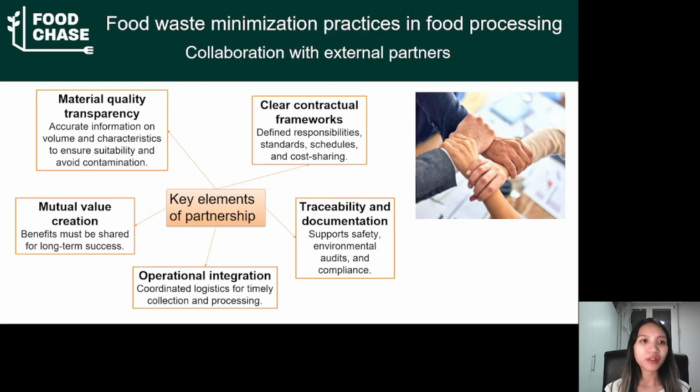Accurate information on volume and characteristics should be shared to ensure suitability and avoid contamination. A clear contractual framework includes defined responsibility, standards and schedule, and cost sharing. Traceability and documentation support safety, environmental audit, and compliance.